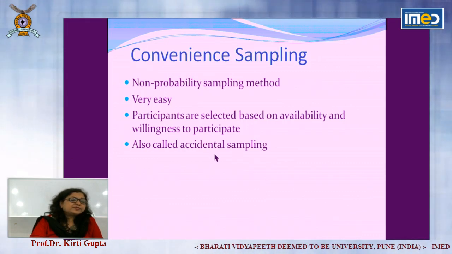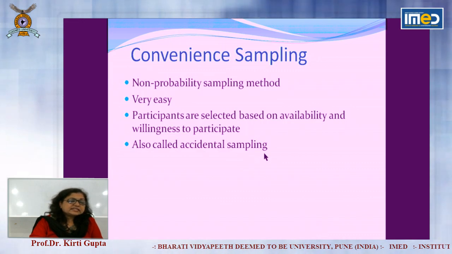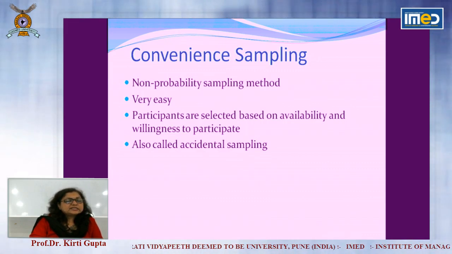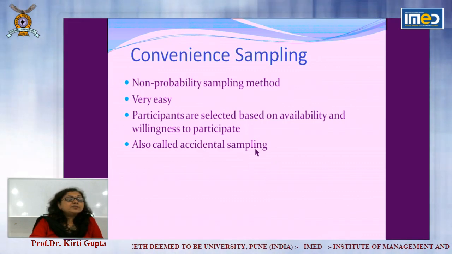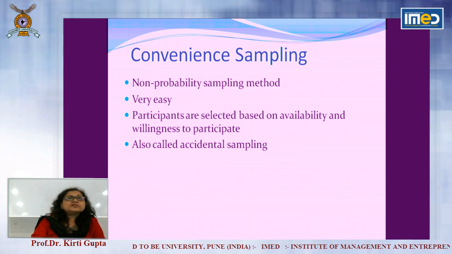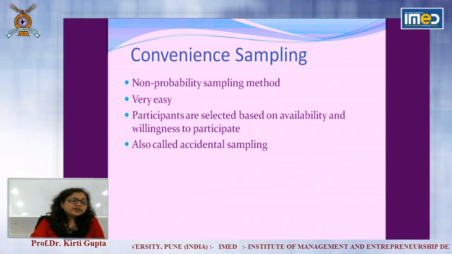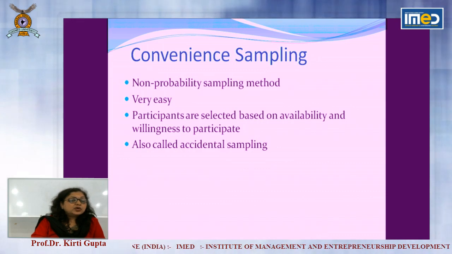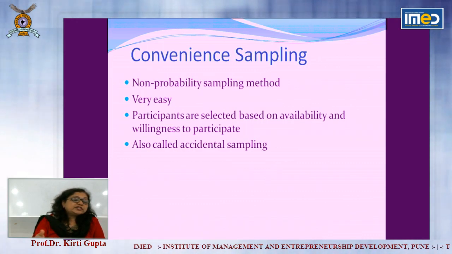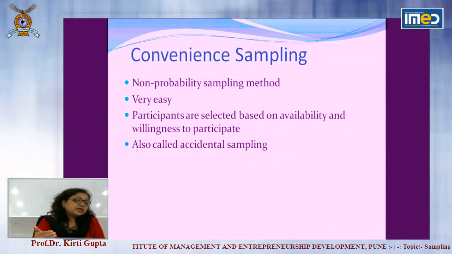This type of sampling is also known as accidental sampling. Why accidental sampling? Because it is an unplanned sample. Suppose a new movie is released. When a new movie is released, people are waiting to know reviews from the others.